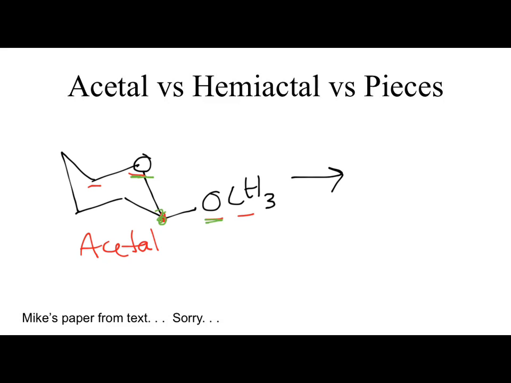The oxygens are attached to carbons. Do the oxygens have hydrogens attached to them? The oxygen is bound to a carbon and a carbon. Can oxygen have more than 2 bonds? No. So it's going to be the full acetal. Does that make sense? Okay. So, bonds that were made in the process of forming this acetal.